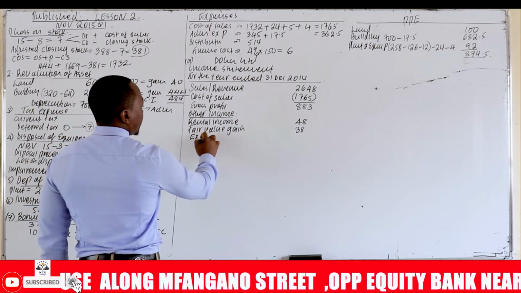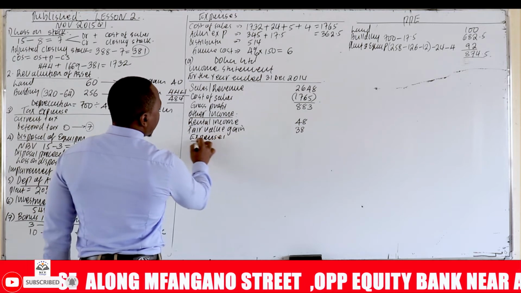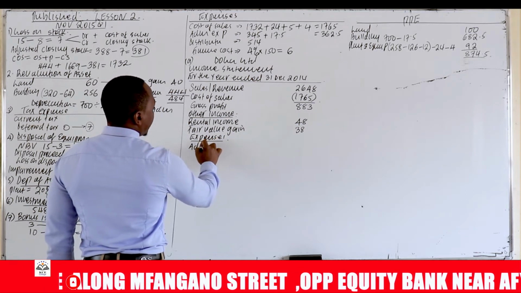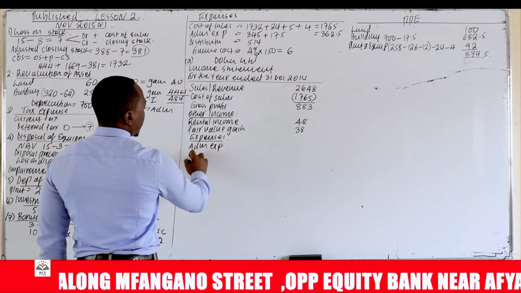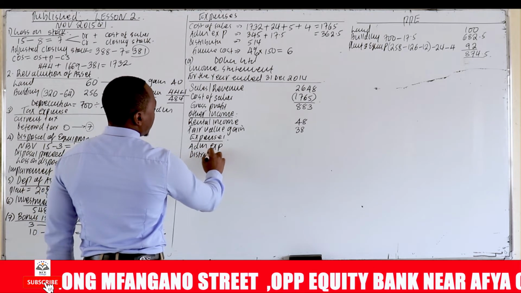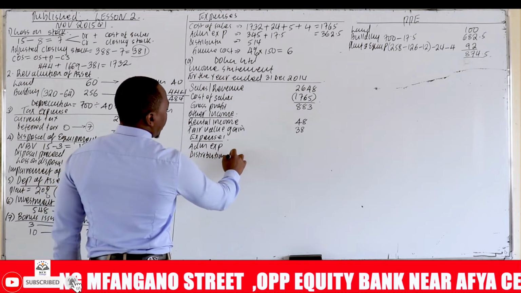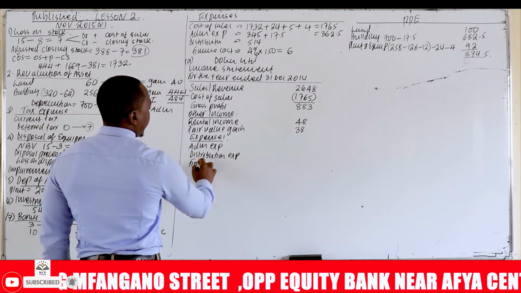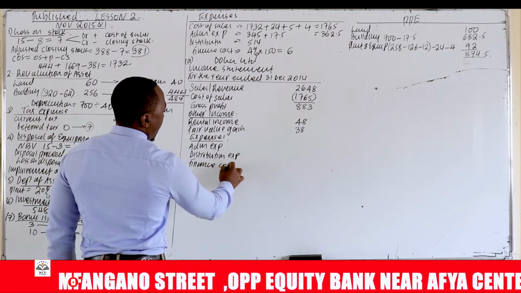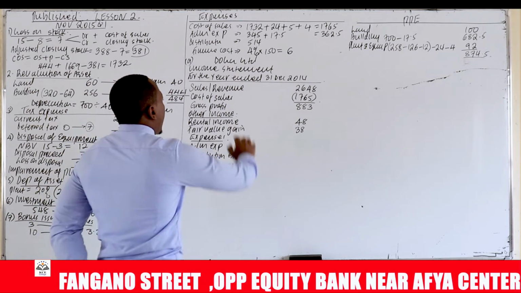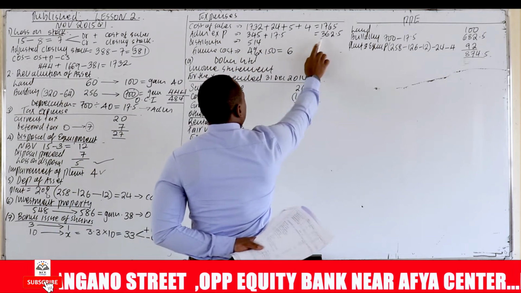Then we deduct the expenses. Other operating expenses, we have administrative expenses, selling and distribution expenses, and then we have finance cost. So our admin expenses, the adjusted one is 362.